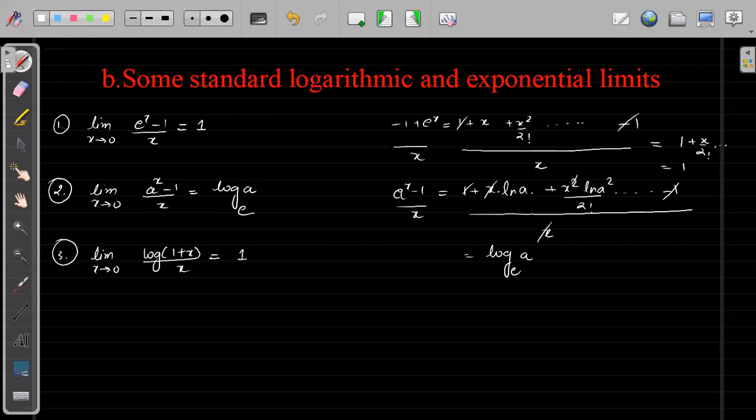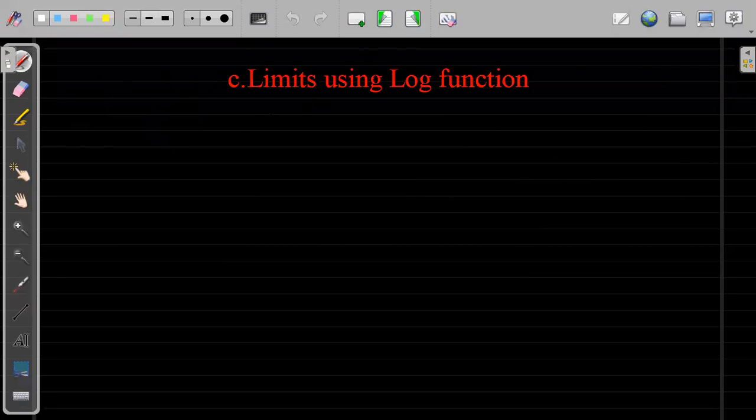Now, based on these three standard forms, we might get some complicated or different forms of standard limits, and I will explain that.